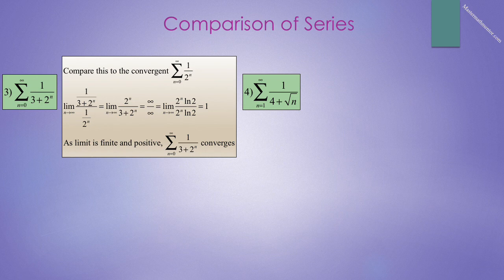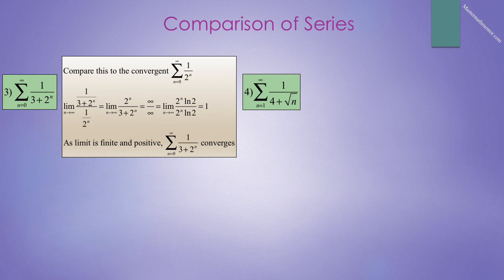We look at the limit as n approaches infinity of 1 over 3 plus 2 to the n, over 1 over 2 to the n. And we end up getting the limit as n approaches infinity of 2 to the n over 3 plus 2 to the n. This is equal to infinity over infinity, but using L'Hopital's rule for both numerator and denominator, we get 2 to the n natural log of 2 over 2 to the n natural log of 2.